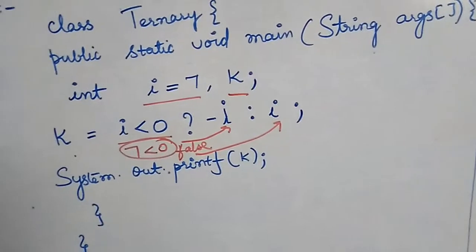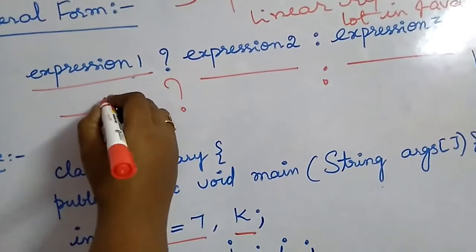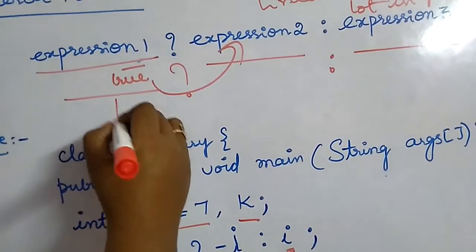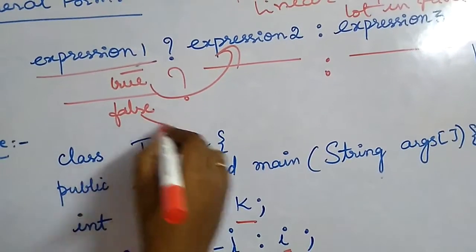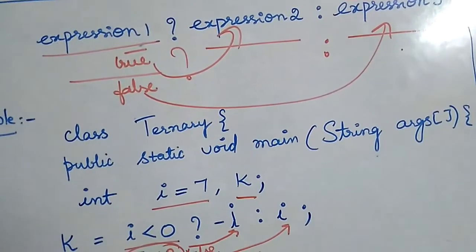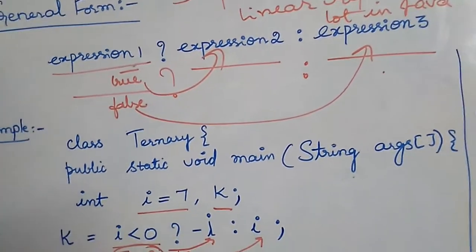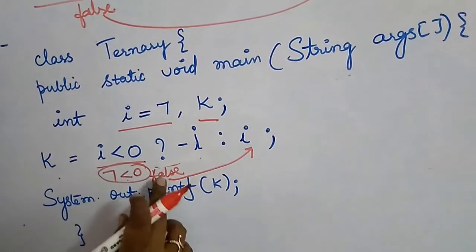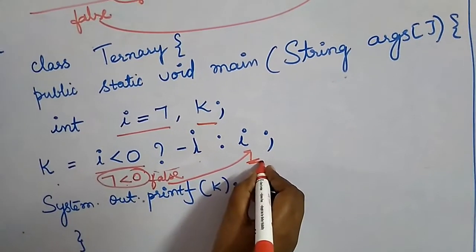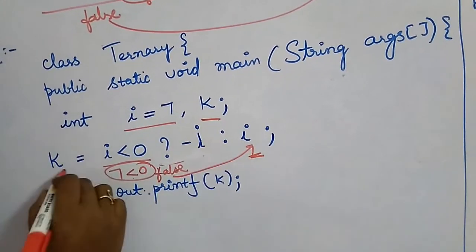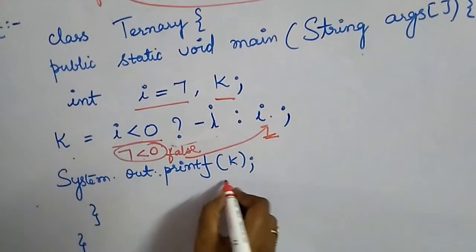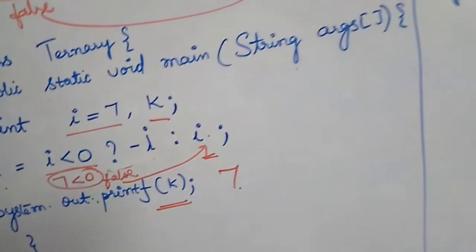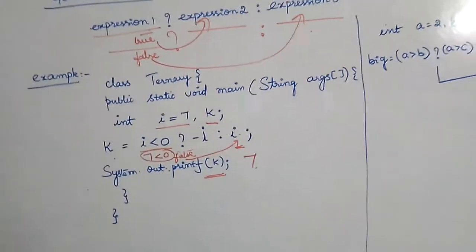Remember nicely friends, if this condition evaluates to true, expression 2 will be executed. If this condition evaluates to false, expression 3 will be evaluated. Since expression 1 has evaluated to false, expression 3 will execute. So k is initialized to i. If I print the value of k, the value will be 7.